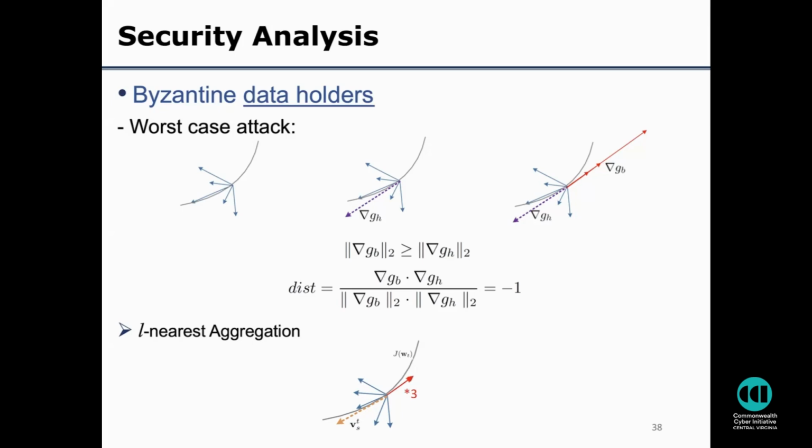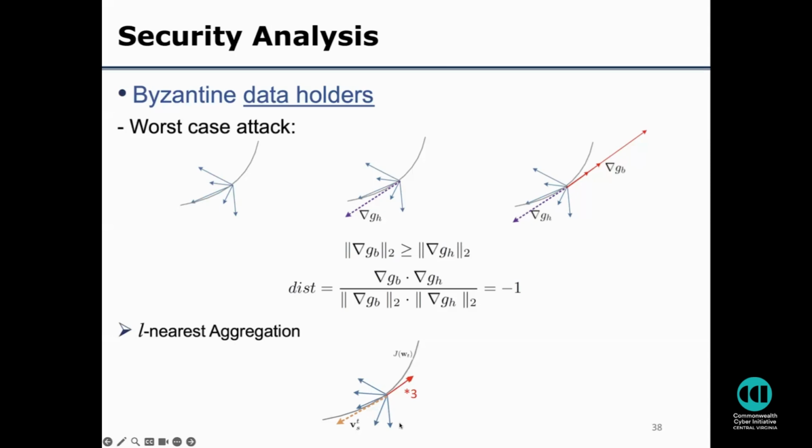As we discussed, in our system the proposed L nearest aggregation scheme first normalizes all the gradients into unit values. Because the majority of users are honest, the summed vector has the correct direction, as the green dotted line in the previous figure.